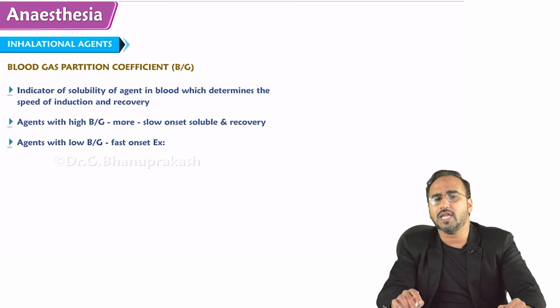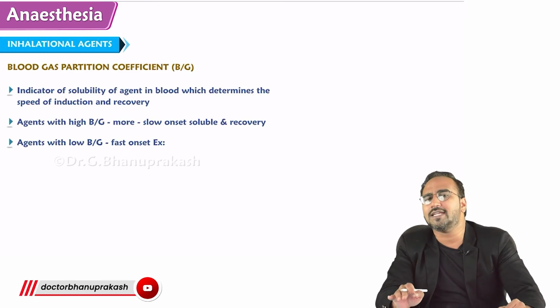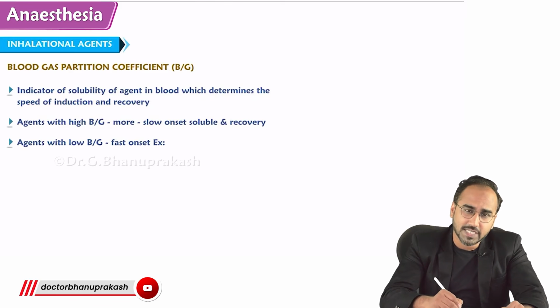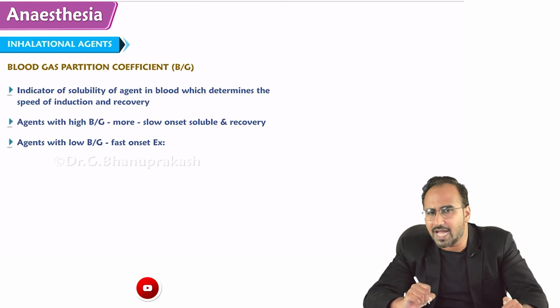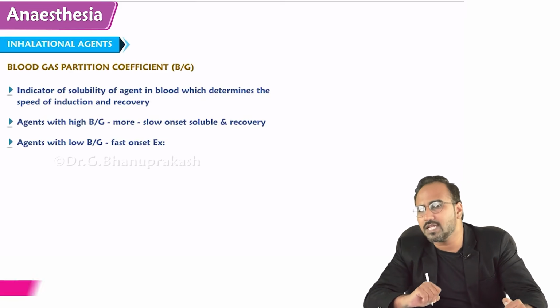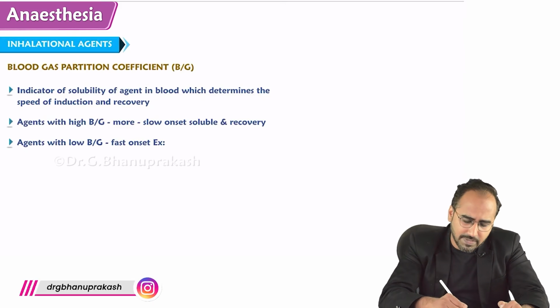What does it determine? Blood gas coefficient is an indicator of the speed of onset and recovery. Blood gas partition coefficient indicates the speed of onset and recovery. But like MAC, blood gas partition coefficient is also inversely proportional to the speed of onset. What is inversely proportional meaning?